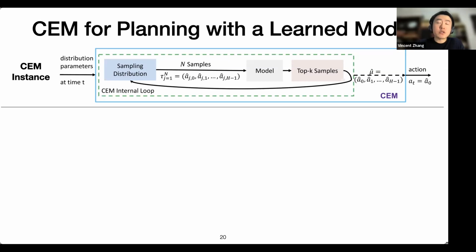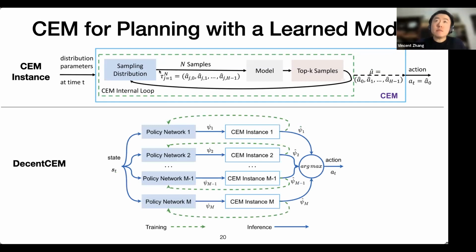The naive approach is just set some initial parameter and use the same thing for all the states. One more advanced approach is where you add this policy net, such that it learns for different states what are the best parameters you can use to initialize the CEM.